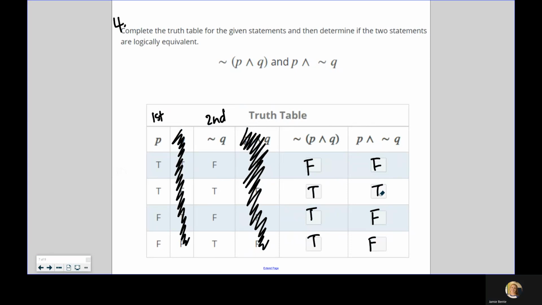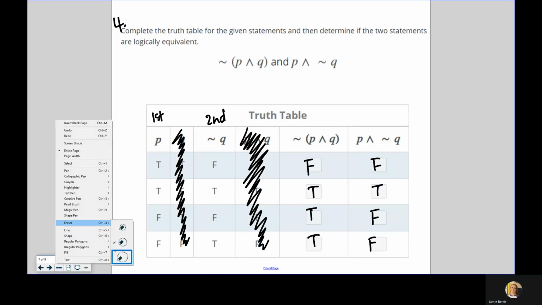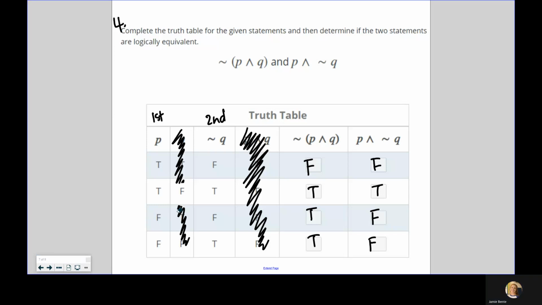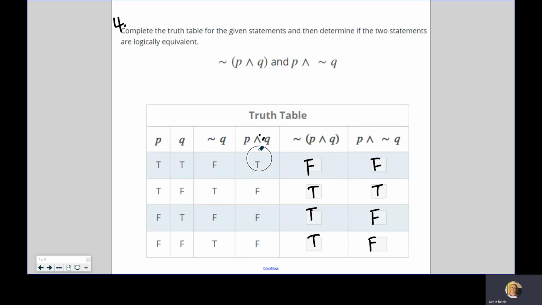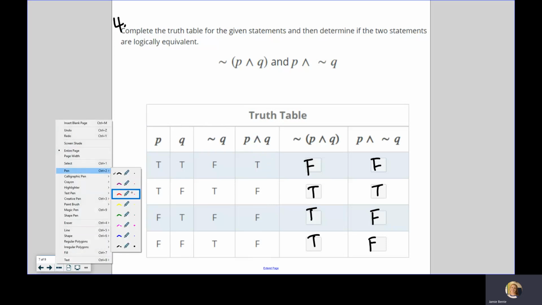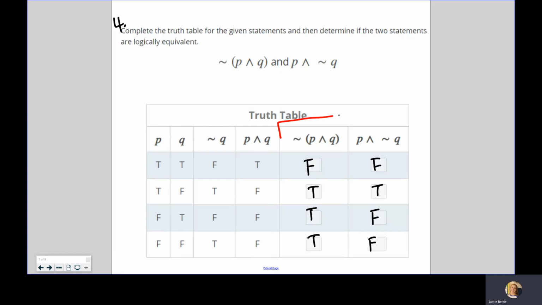Okay. So now we have to ask ourselves the question, are these two statements logically equivalent? All right, so what do you guys think? Are these two statements logically equivalent? Again, we're looking at the last two columns here. Those are the two statements we're concerned with, not P and Q and P and not Q. Are they logically equivalent?